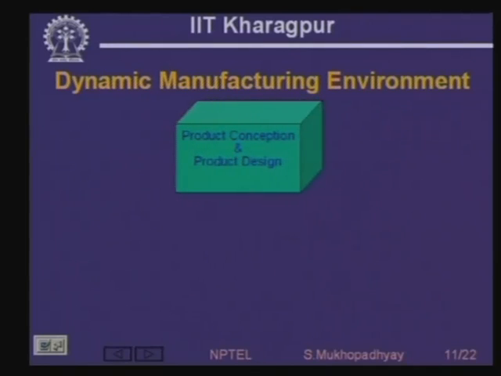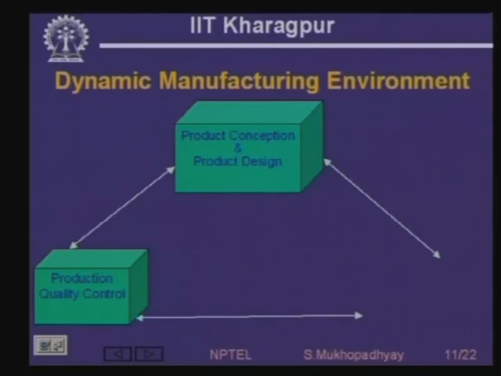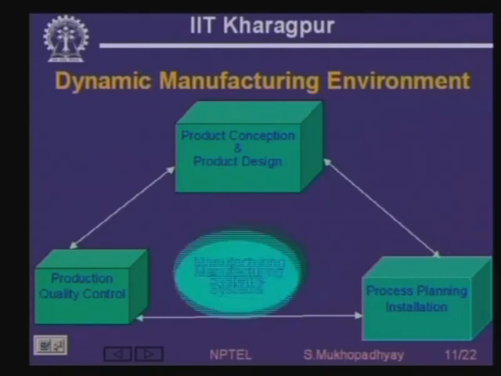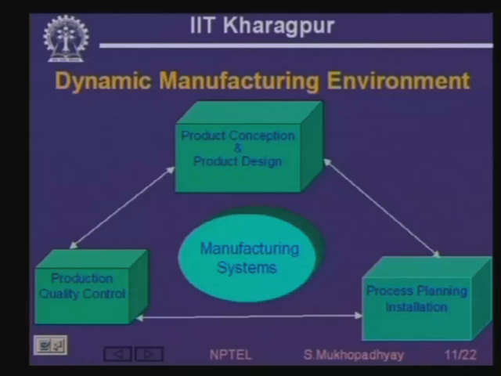To understand that, the first phase is product conception and product design, right. At this stage you have conceived a product that you want to make, and you have also designed it.